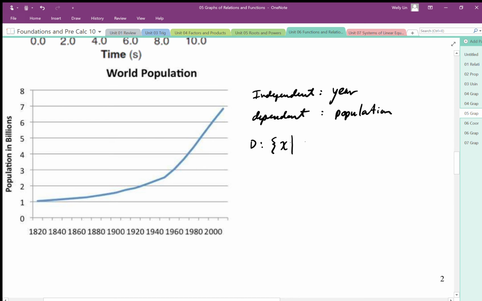and just say that our x is going to be from, it looks like, 1810, it looks like 1960, looks like about 2010. And we're going to say that x is an element of real numbers, although it would be okay to say that x is an integer.